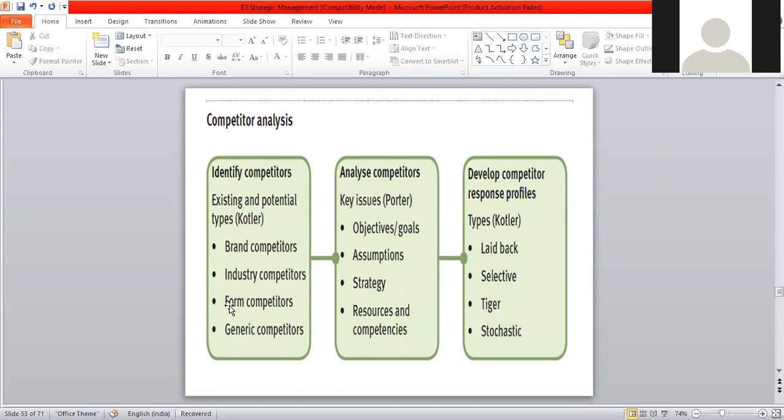Generic, what's the meaning of generic? Generic competitors are general.